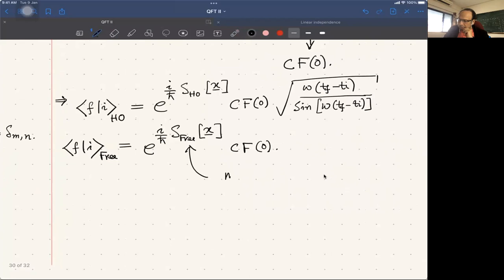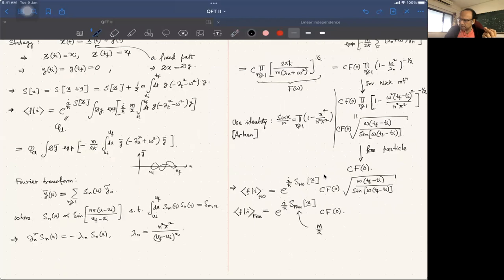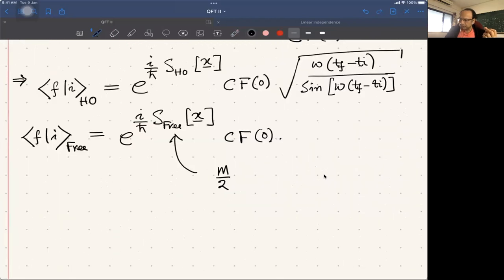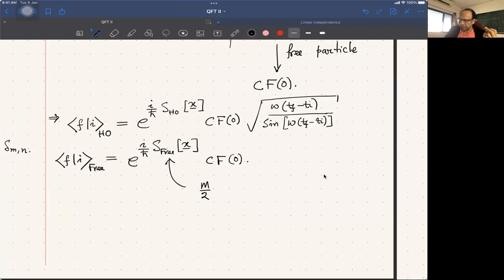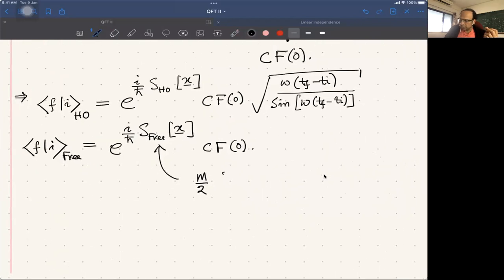For a free particle there is linear motion, and you can find the classical solution with the initial and final conditions xi and xf, substitute it back into the free particle action, and the result is m over 2 times (xf minus xi) square divided by tf minus ti.